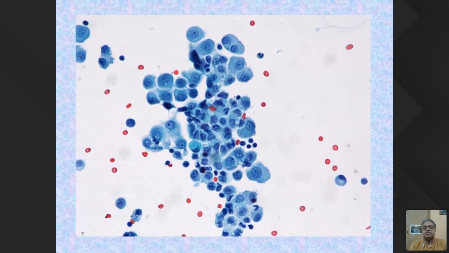This part of it is what is called a mixed cell cluster. In a mixed cell cluster, you have histiocytes, lymphocytes, and reactive mesothelial cells all caught up together to form a cluster. Typically, these mixed cell clusters are because of cells sticking to each other in the fluid, and when you spread it on the slide, they will be flat. They are lying flat on the slide. They are not three-dimensional in shape.